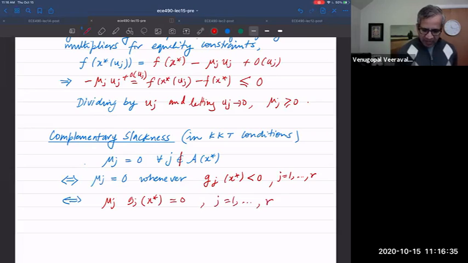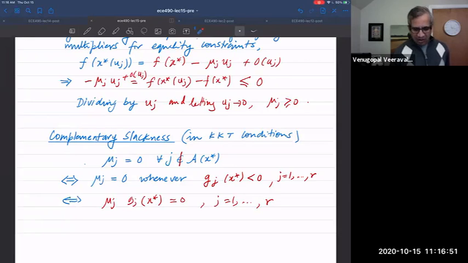So this is another way to write the statement. This statement, mu j is 0 for j not in the active set, is equivalent to writing it this way, and writing it this way is called complementary slackness.